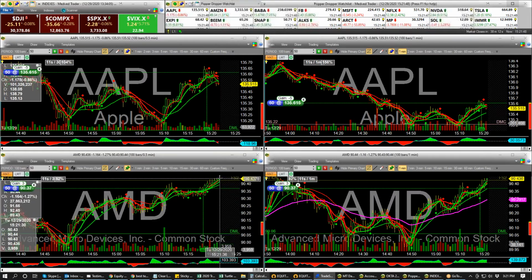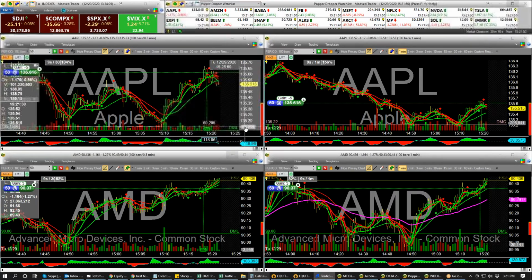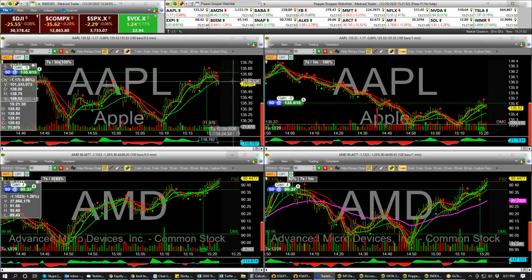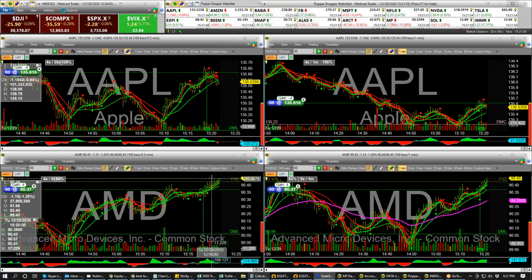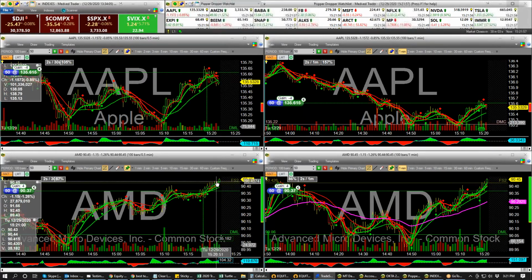We were probably a little long in the tooth on Apple, and Apple wasn't committed yet on the 8. So notice that AMD is running a little stronger than Apple.